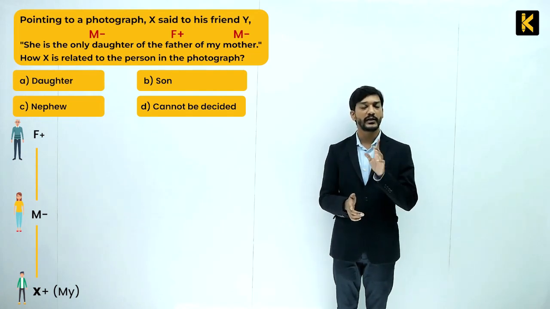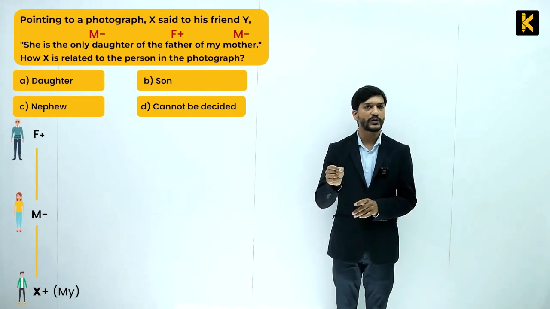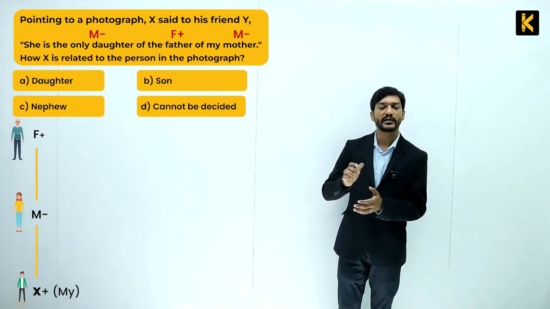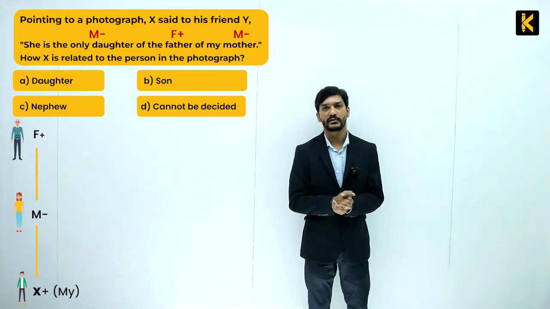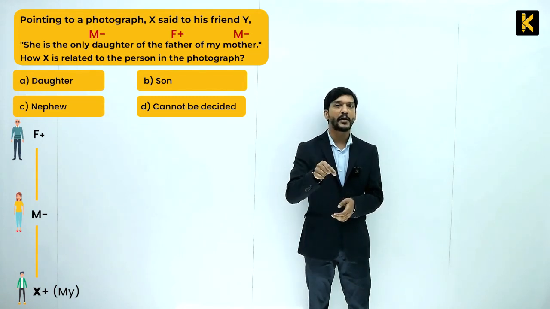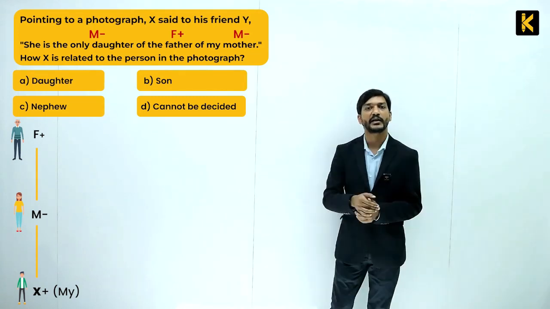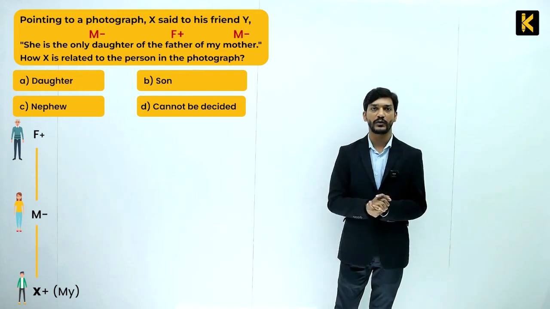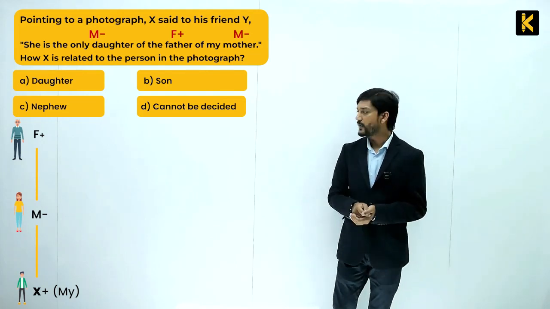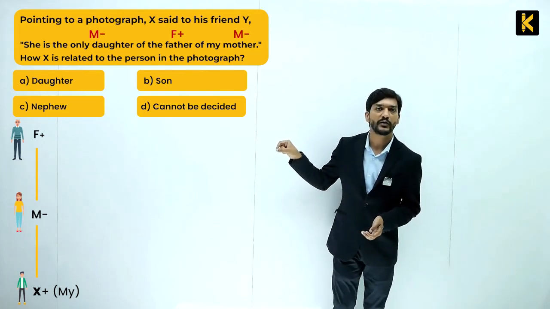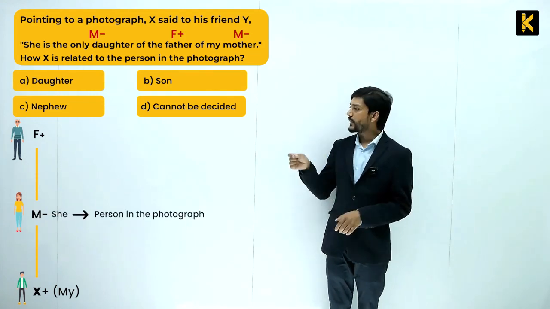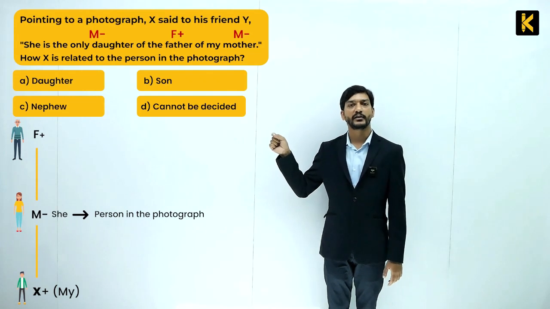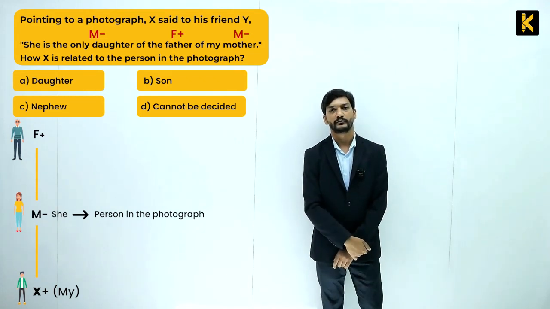Only daughter means M minus. So she is M minus, and she means the person in the photograph. So M minus is the person in the photograph. Let me show it, that M minus is the person in the photograph. All right.